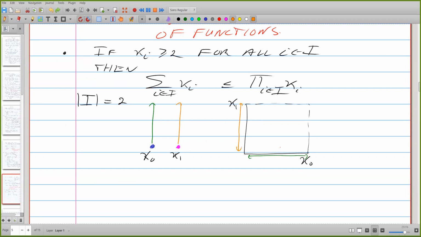And then I still have my 0 in kappa 0 and I have my 0 in kappa 1. And because kappa is at least 2, I can do this. If kappa 0 and kappa 1 were exactly 2, then I would have 4 points, a blue one, a purple one, an orange one, and a green one, and it would just fit.